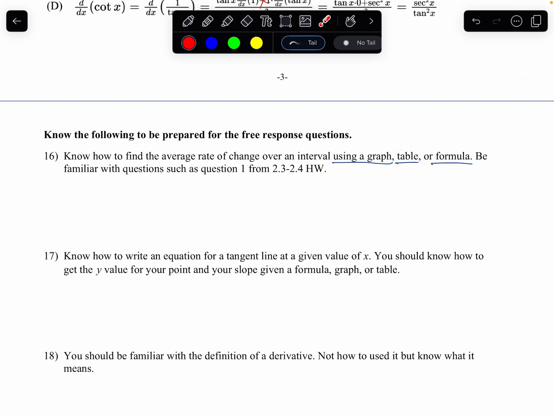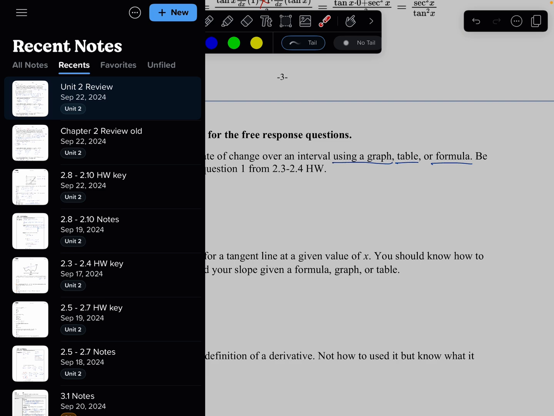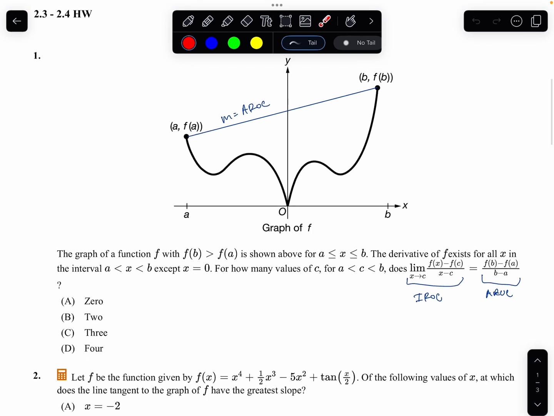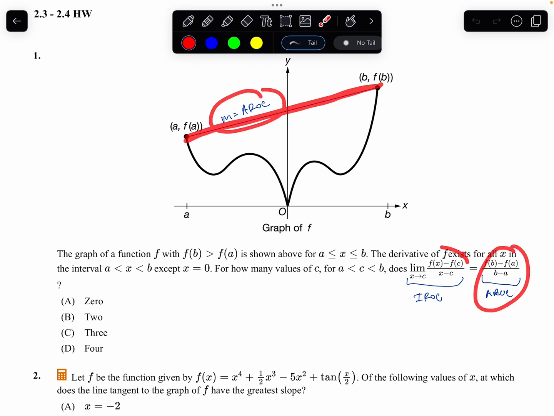So know that. Be familiar with questions such as question 1 from 2.3 to 2.4. In this problem right here, we have the slope of the secant line, which is average rate of change, and we're trying to see how many times the instantaneous rate of change, which would be the slope of a tangent line, matches.